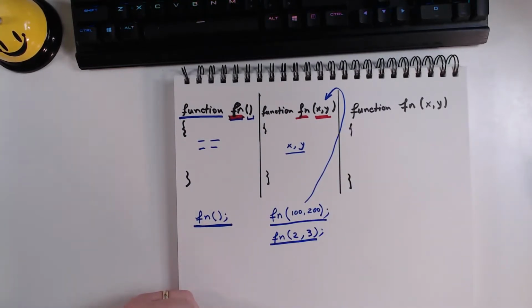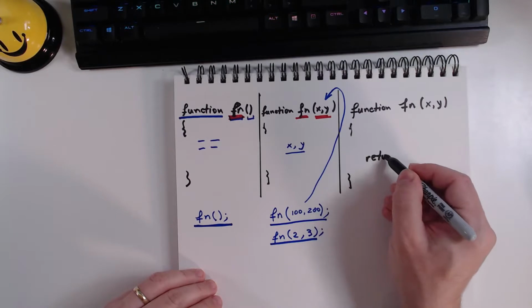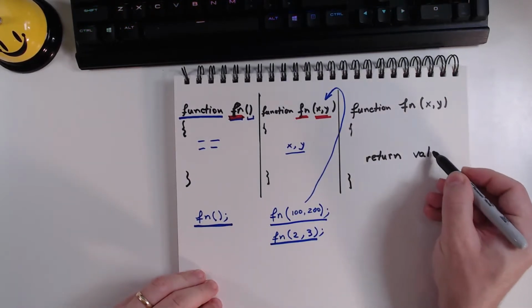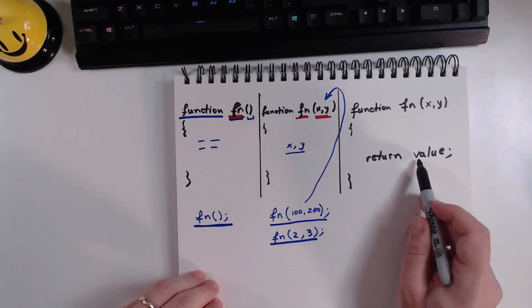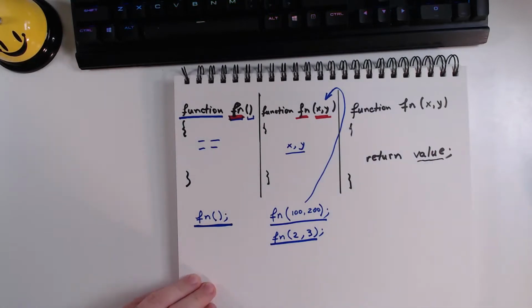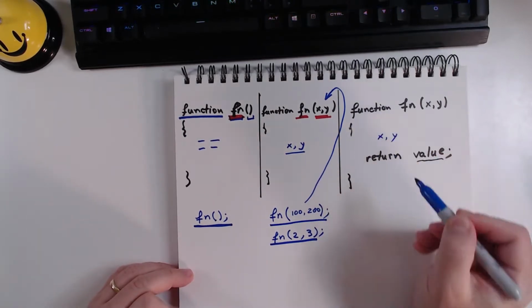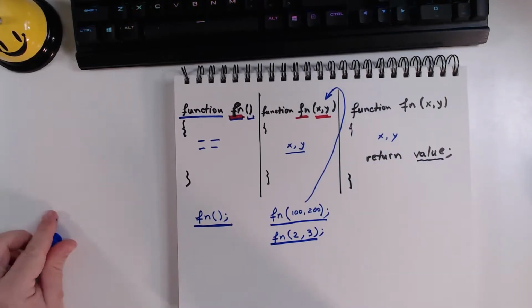Now, for this function to return a value, we actually have to use inside a special keyword called return, and here we return the value. Just like that. Return space value, where value is whatever we want to return, right? And of course, as before, we can make use of x and y inside. We do our calculation, and at the end of the day we return something that we are interested in.